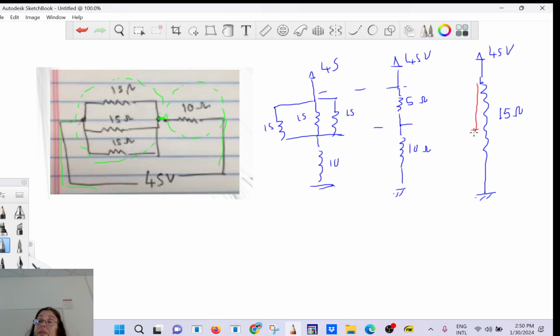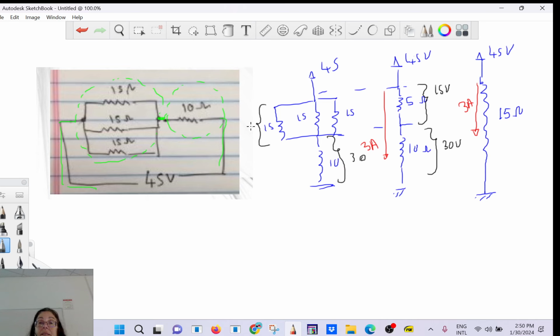So what's going to be the current? 3. So here it's going to be 3. So what's going to be the voltage drop here? 15 volt. What's going to be the voltage drop here? 30. Very good. So that's going to be 30.